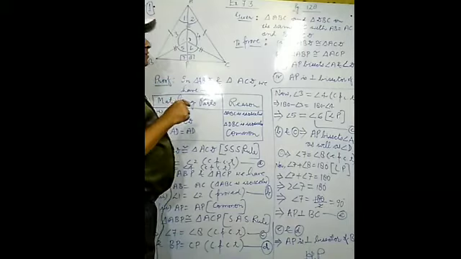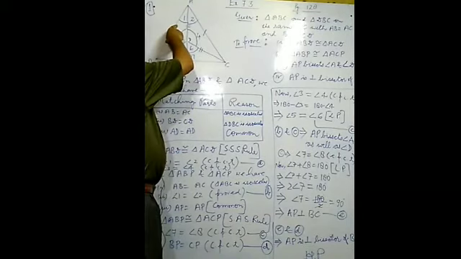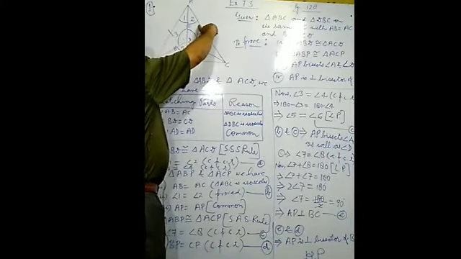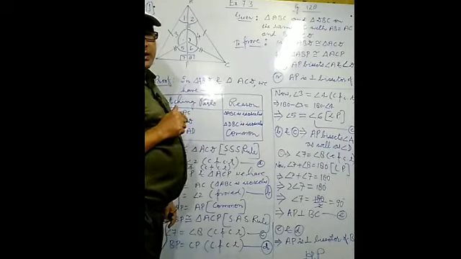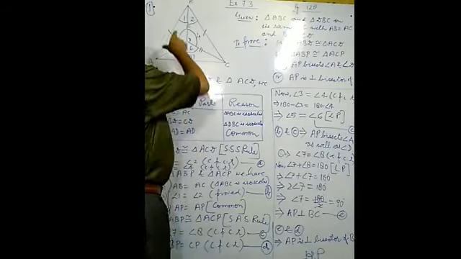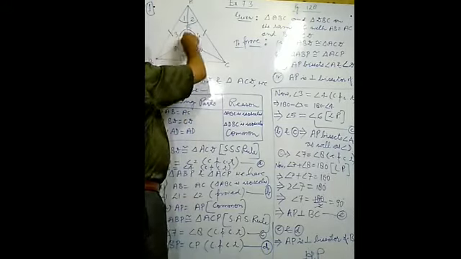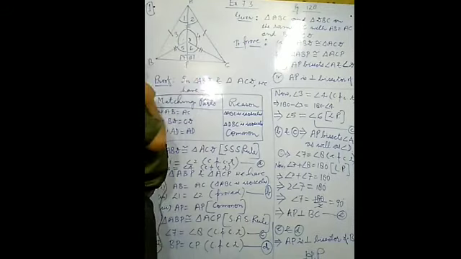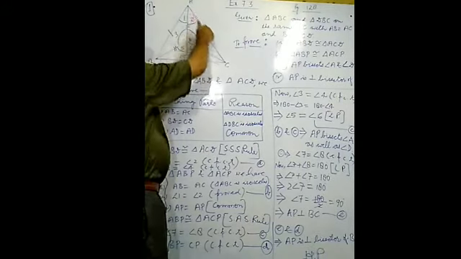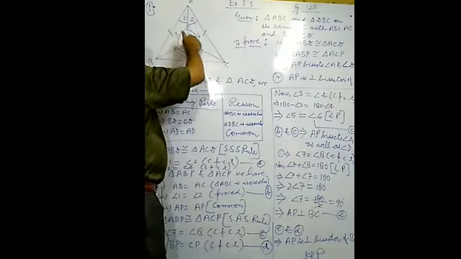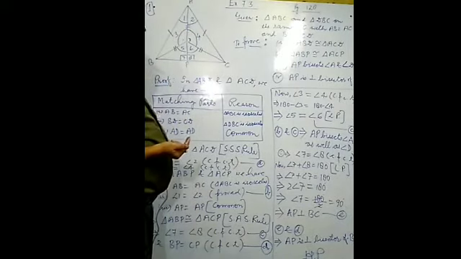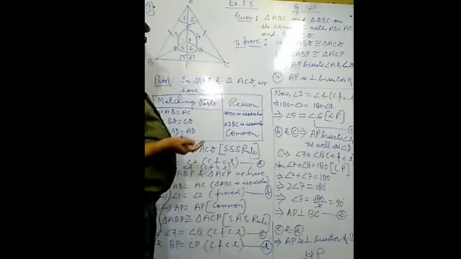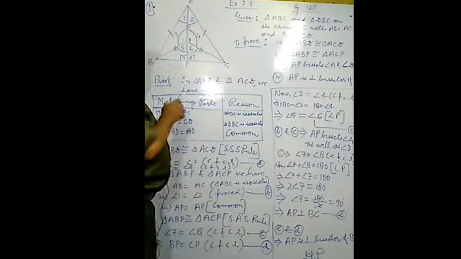It means AB of this triangle equals AC of this triangle, because triangle ABC is already given as an isosceles triangle. So AB of this smaller triangle equals AC of this smaller triangle by the given information.